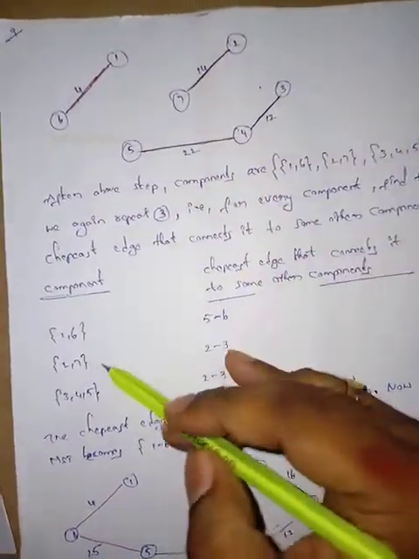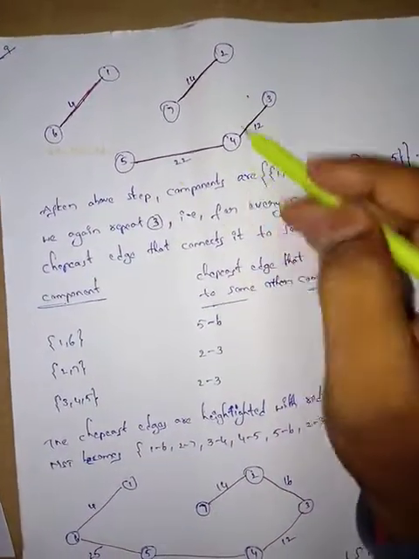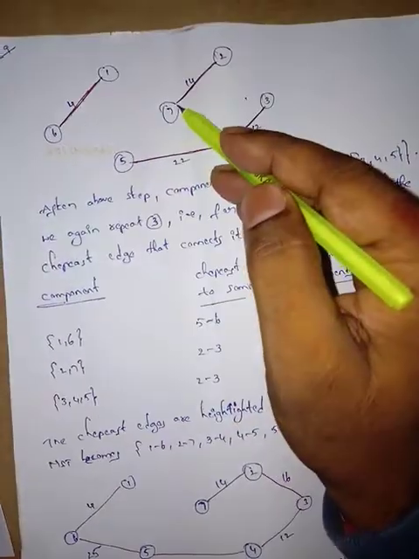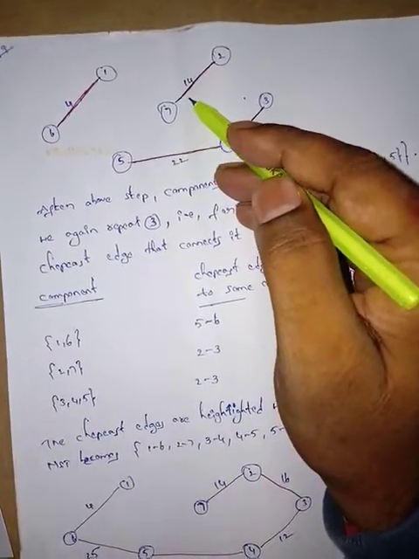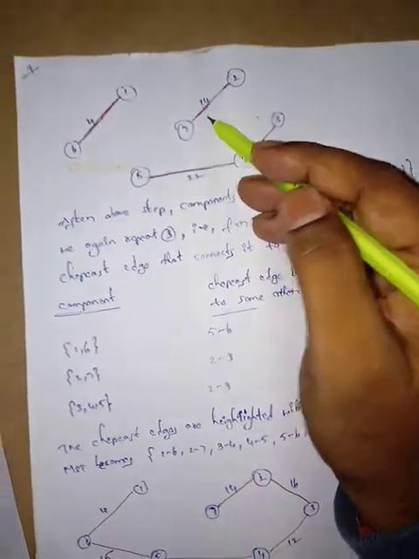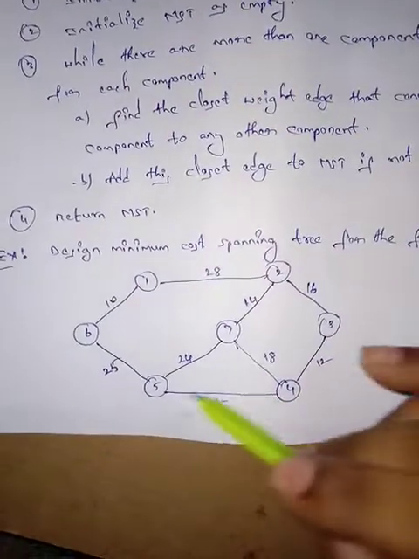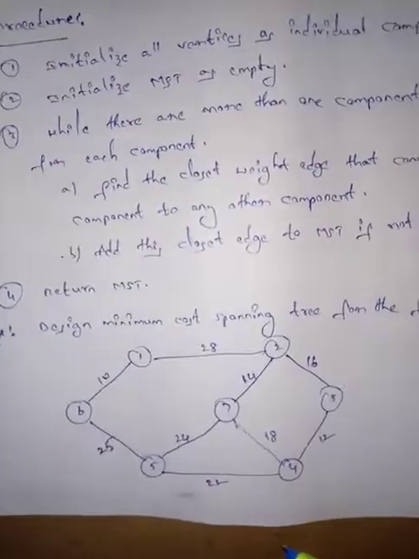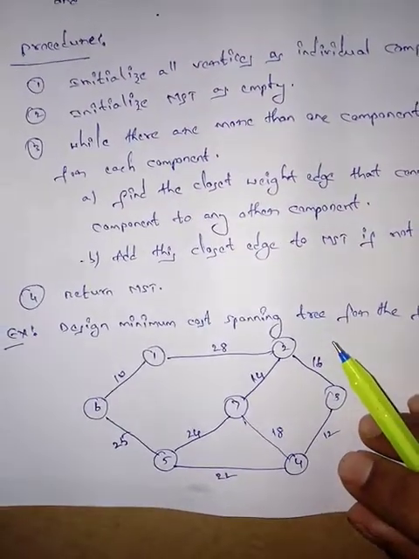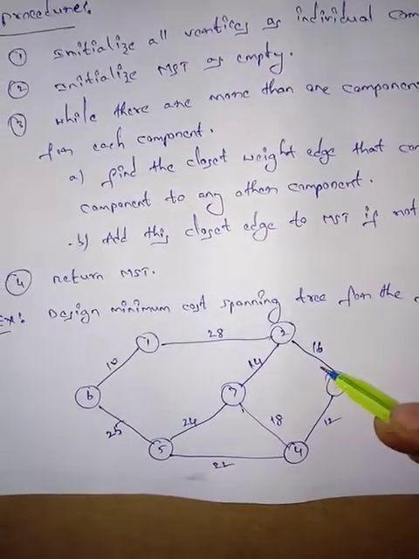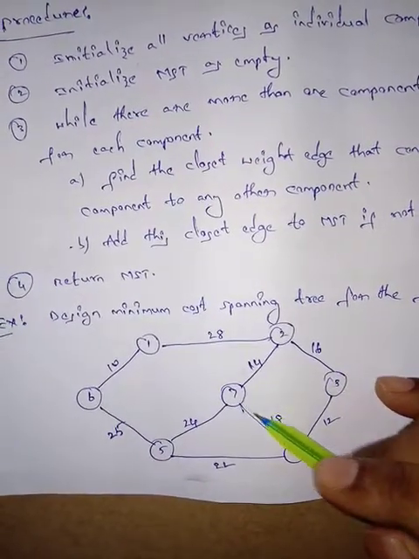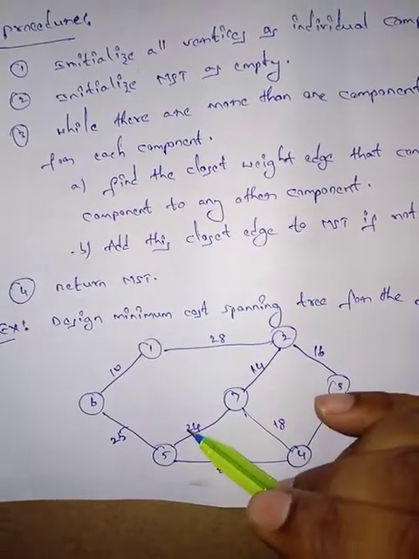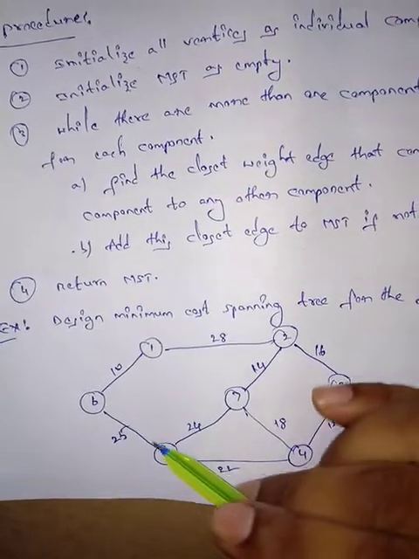Next component is 3, 4, 5. From this component to the other 2 components, we have 4 edges. This is one edge, another edge, another edge, and another edge.